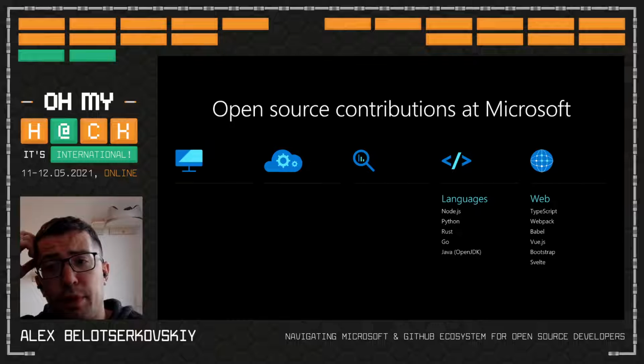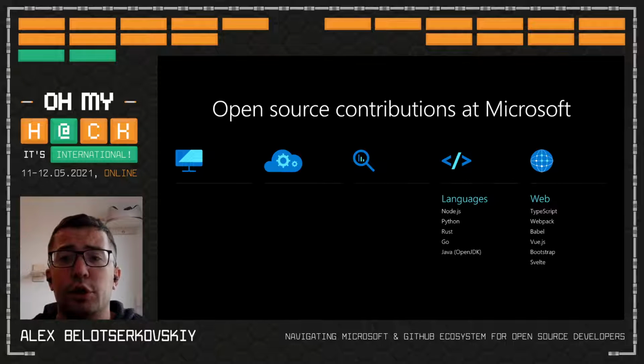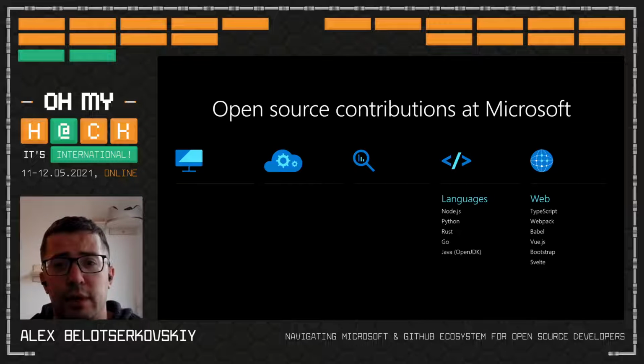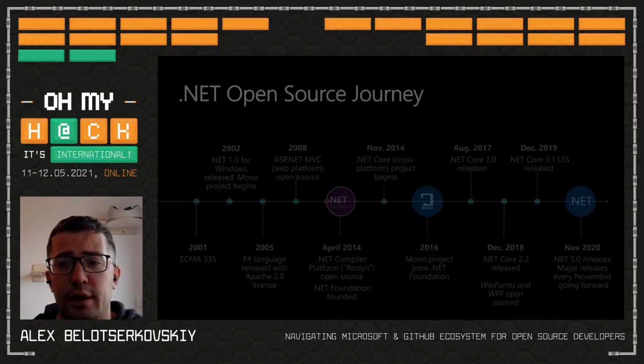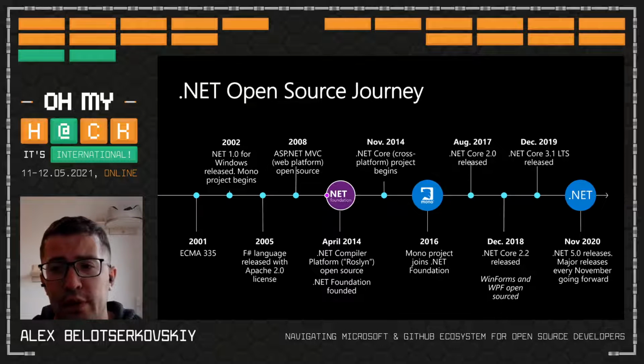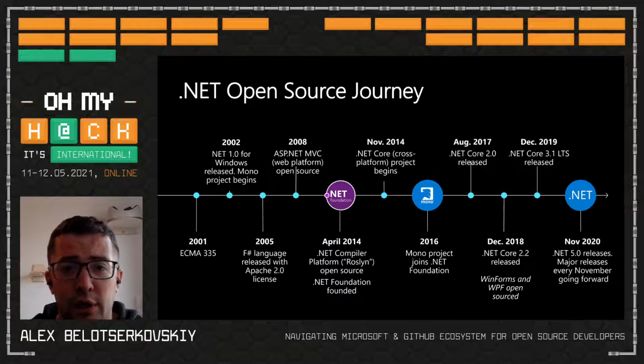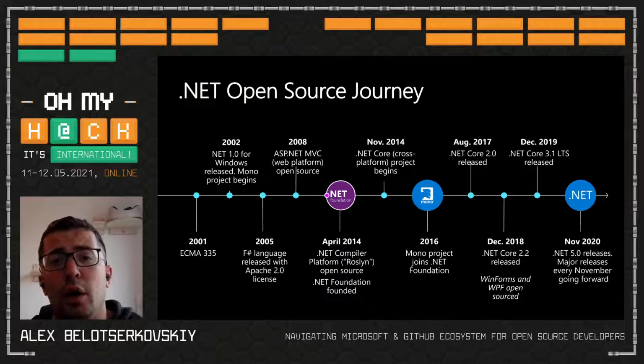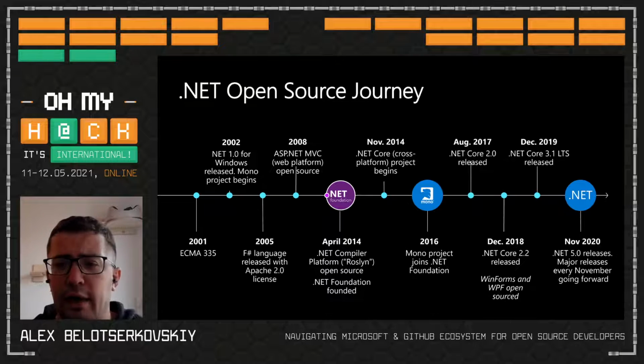Next, languages and web. I promised not to tell a lot about that, but I can't miss one of my favorite examples of what we are doing around open source, which is .NET, our flagship product that was released a long time ago and had a long way through open source.